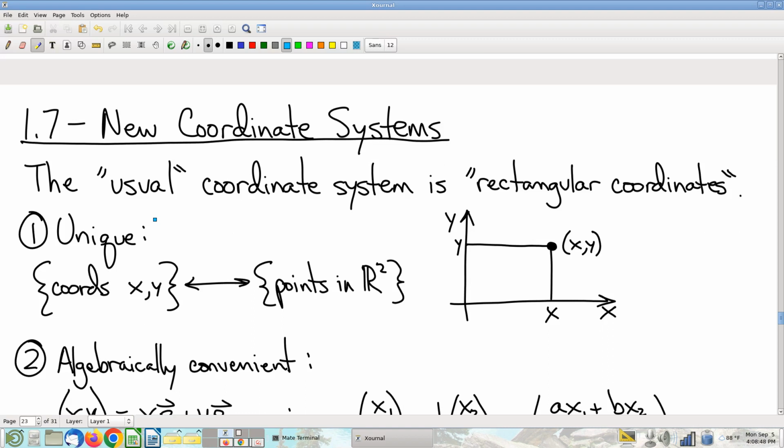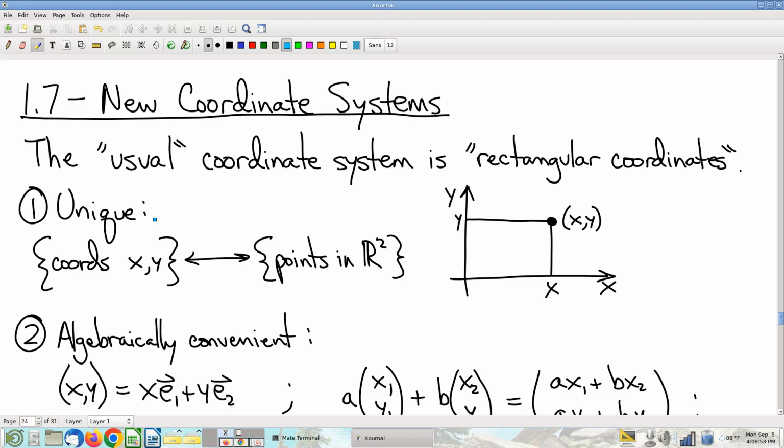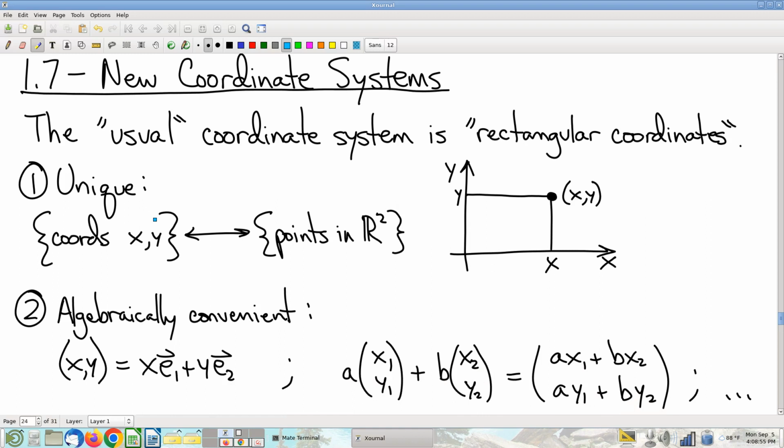First, let's talk about what is a coordinate system, and I'm going to start off with the most familiar, the one that you've all seen since middle school probably, and that is the rectangular coordinate system. The idea is this: what we're looking for is a relationship between points, geometric objects sitting inside of the plane, locations, you might say, and their coordinates, namely a pair of numbers that tells me where that point is.